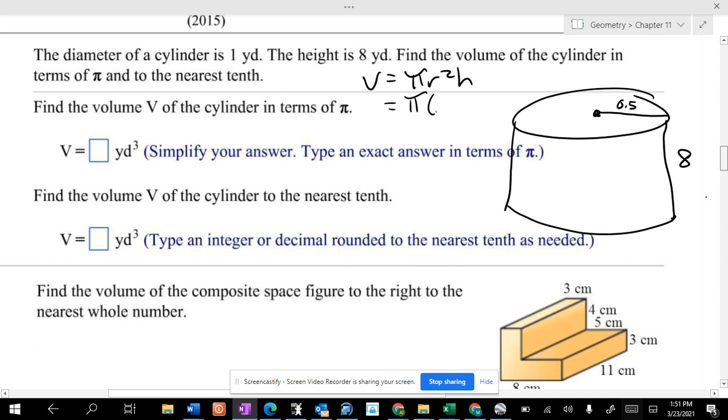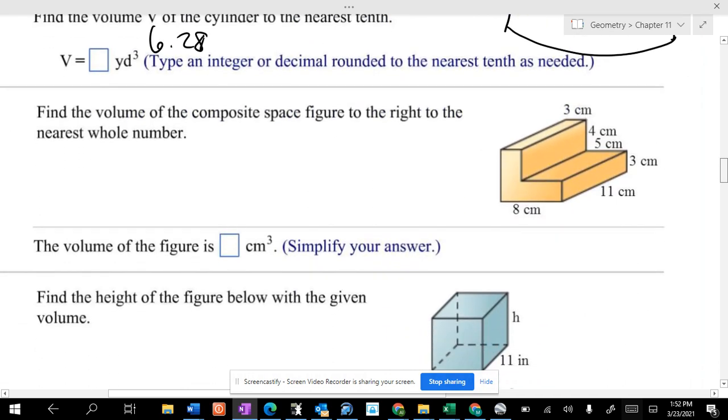So it's pi, radius 0.5 squared, height 8. So it's 0.25 times 8 times pi, which is 2 pi. And then this is 6.28. So that's all not too hard.